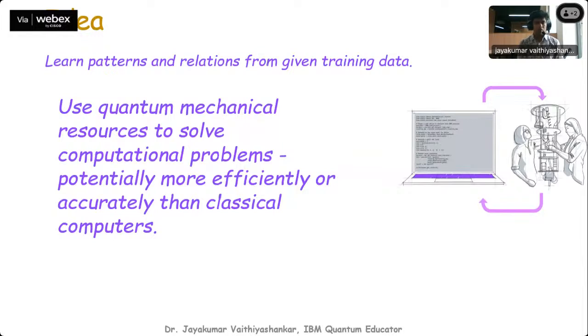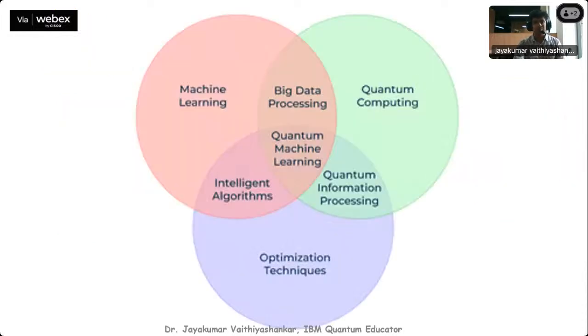Whenever you are thinking about going for quantum machine learning, you need to ask many questions and consider many parameters. If your given problem is more suitable, then only go for the quantum version. Otherwise, please stay with your classical model. This is the overall idea. It is the culmination of machine learning, quantum computing, and optimization techniques.